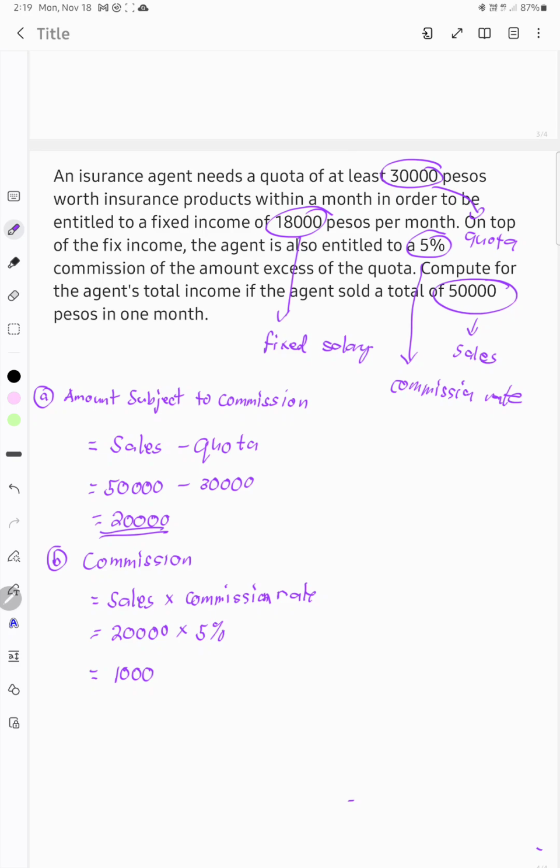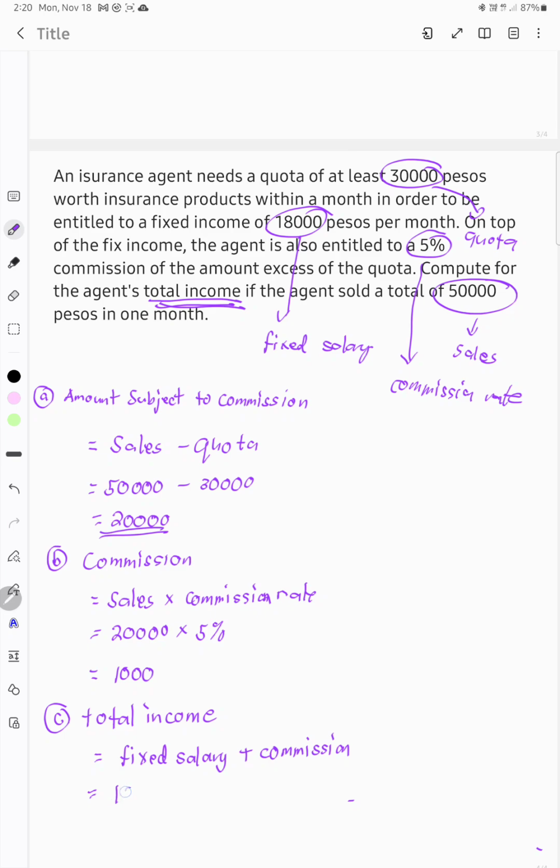Now, we were asked regarding the total income. So, letter C, you want to get the total income. The total income would be equal to the fixed salary plus commission.